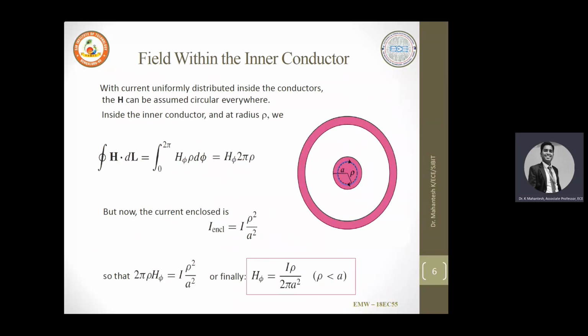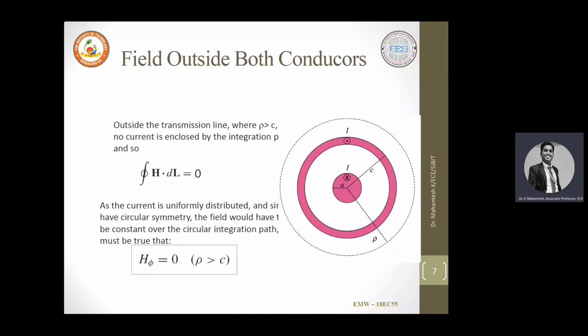So now let us assume the Amperian path outside the coaxial cylinders, that is rho greater than c. In this situation, the integral of H dot dl is equal to 0 when rho is greater than c.